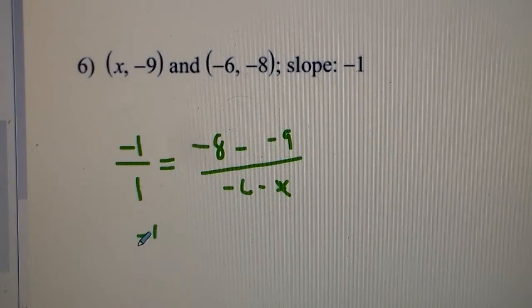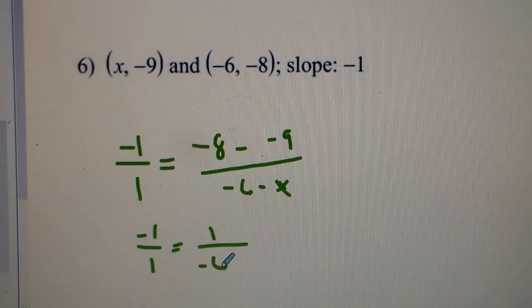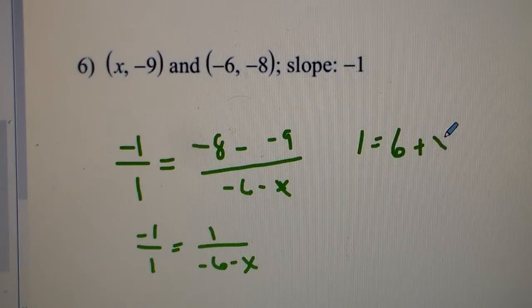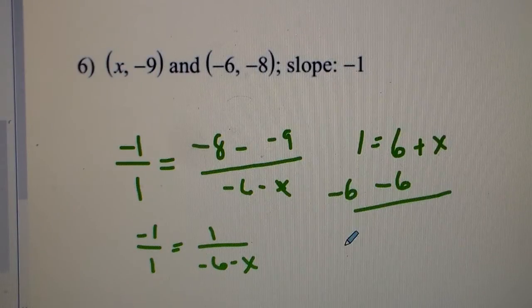So this can be negative 1 over 1 equals 1 over negative 6 minus x. Cross multiply. So 1 equals negative 1 times negative 6 gets you a 6. And negative 1 times negative x gets you positive x. Subtract 6 from both sides. 1 minus 6 gets you negative 5. So x equals negative 5.